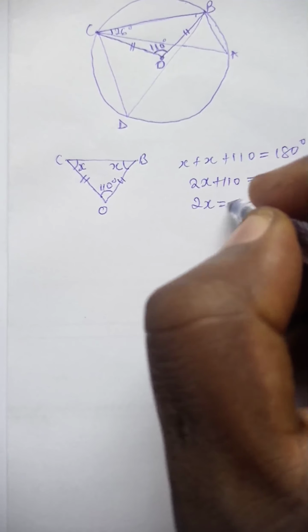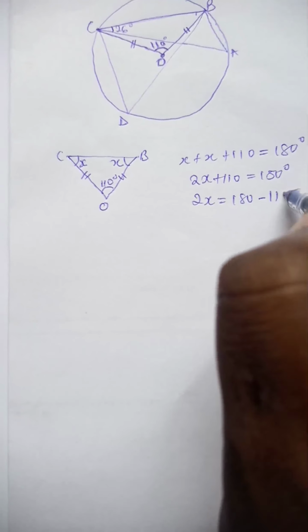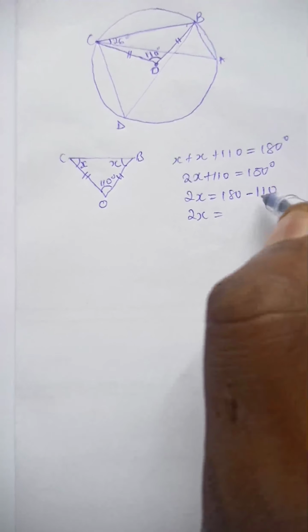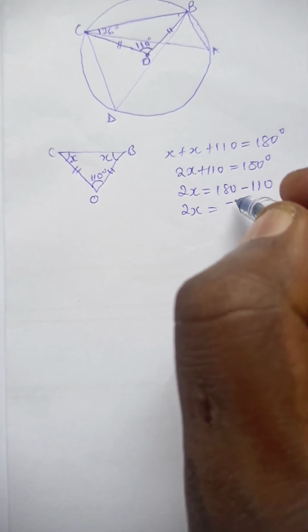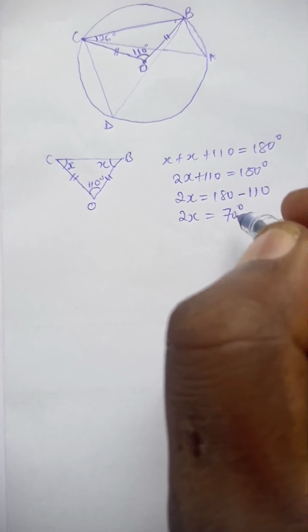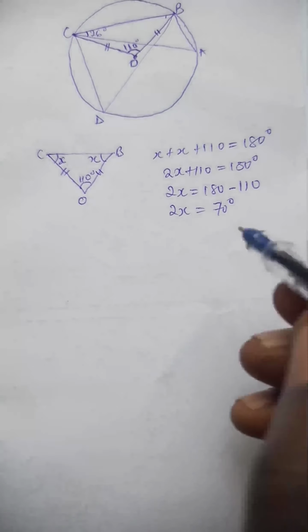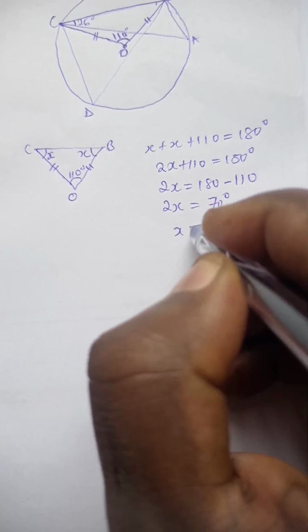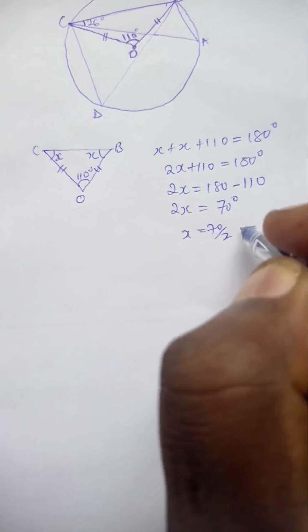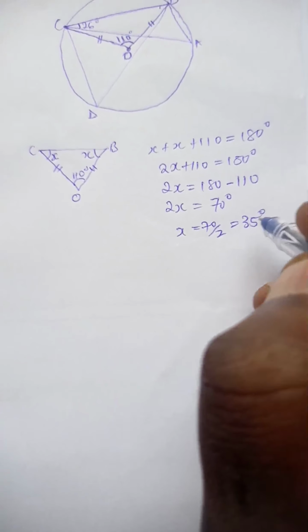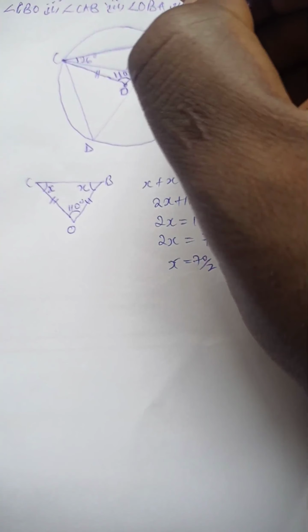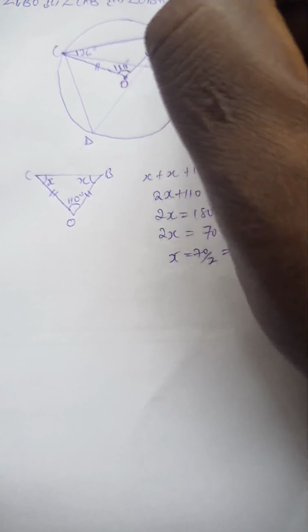So 2x is 180 minus 110, which gives 70 degrees. So x is 70 divided by 2, which gives you 35 degrees. So this angle here is x, equal to 35 degrees.